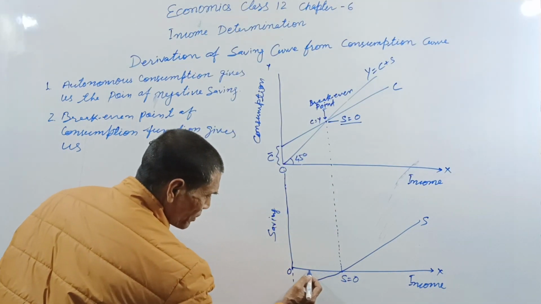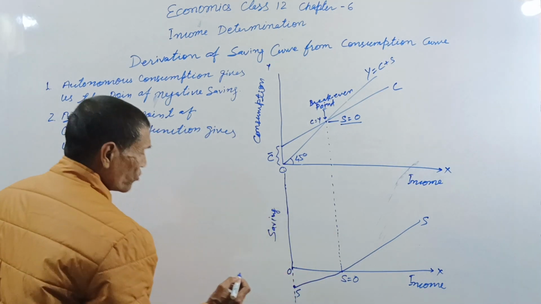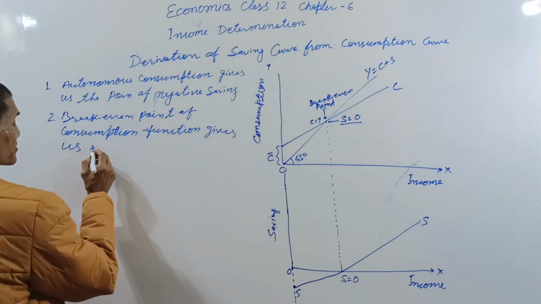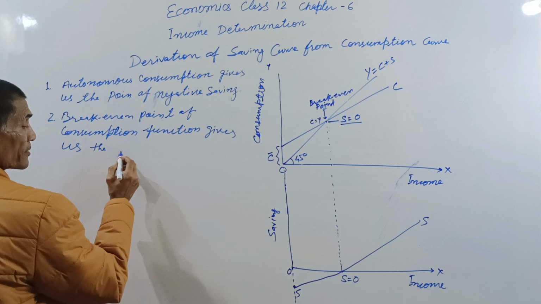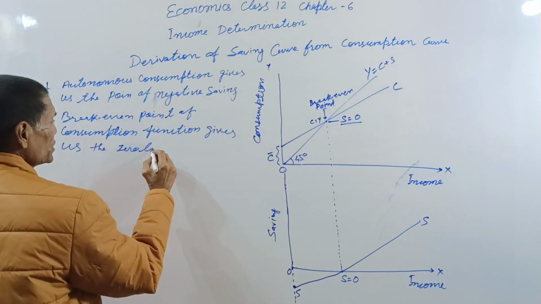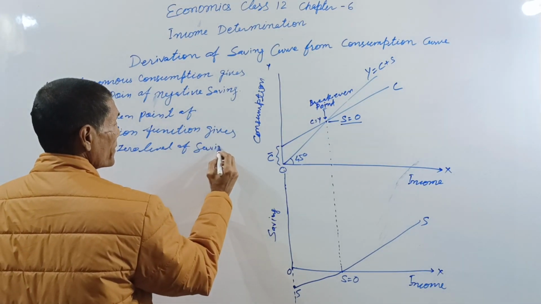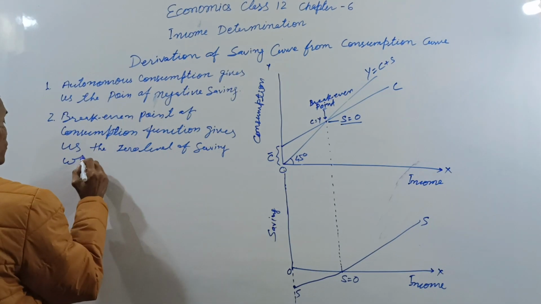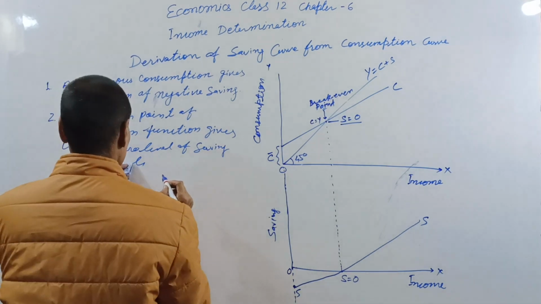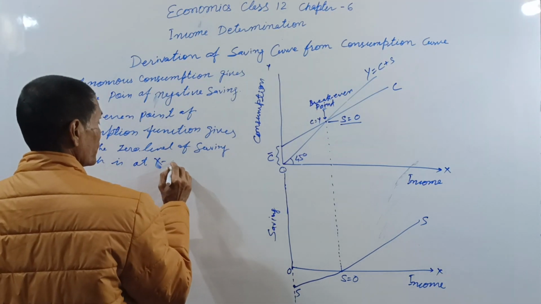See here, if we draw a perpendicular from this, you can see here on the x-axis, that is why the saving is 0. We get the break-even point of the consumption function gives us the zero level of saving, which is at the x-axis.